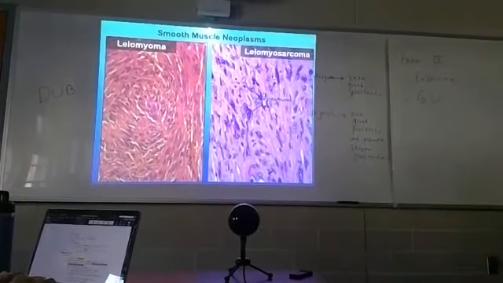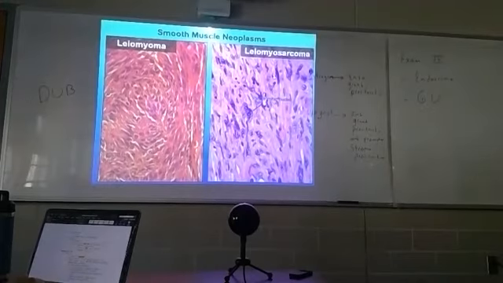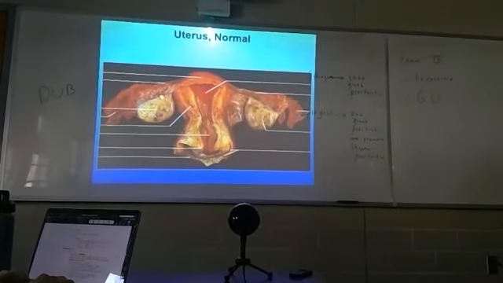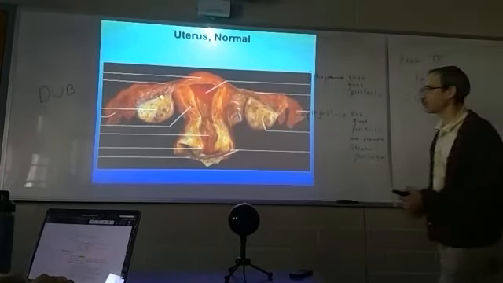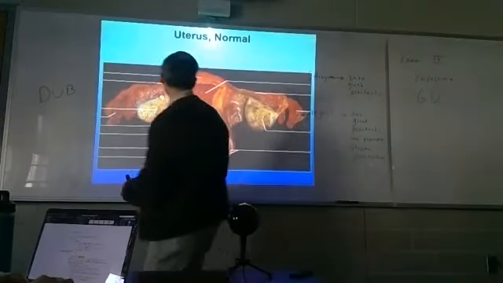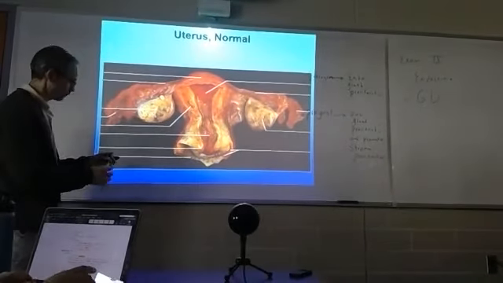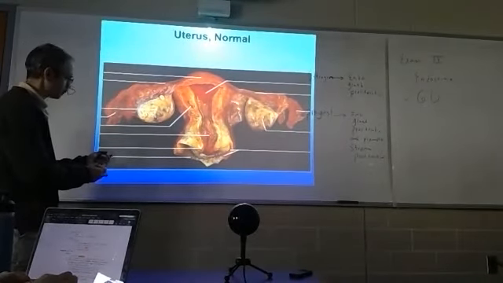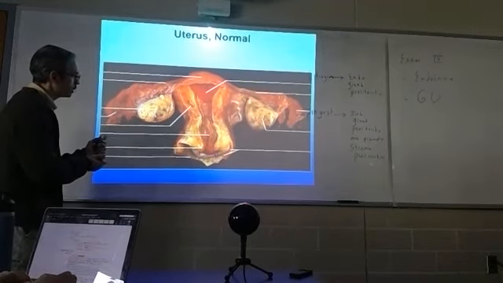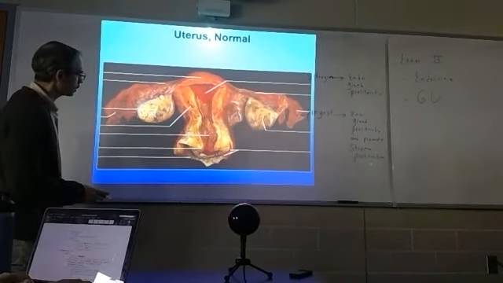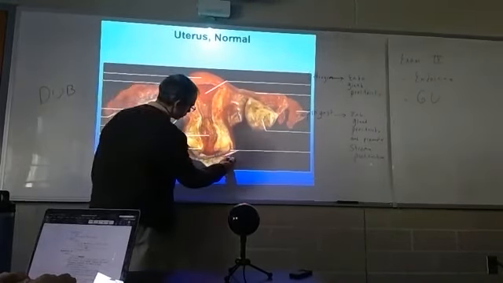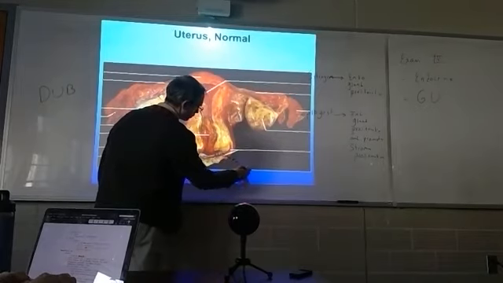Okay, let's take a look at this endometrial carcinoma. Let's first take a look at normal endometrium. Here we have a sculpted dissection of the uterus. This time it's been sectioned right down the endometrial canal. We can see, of course, the cervix over here.